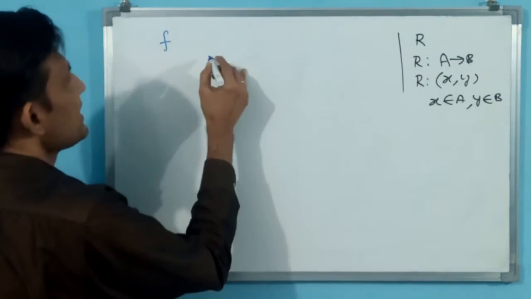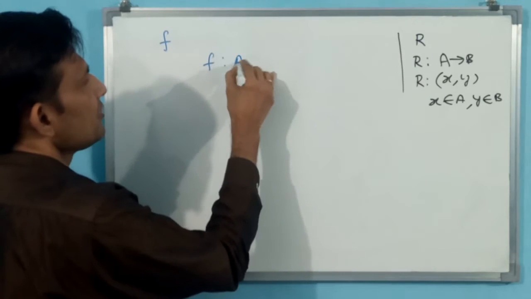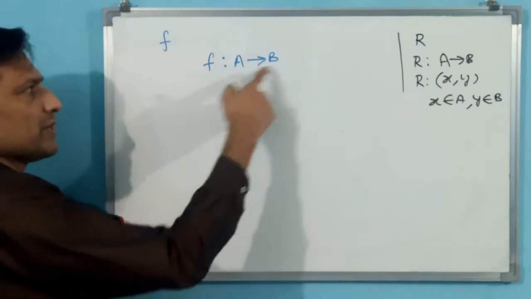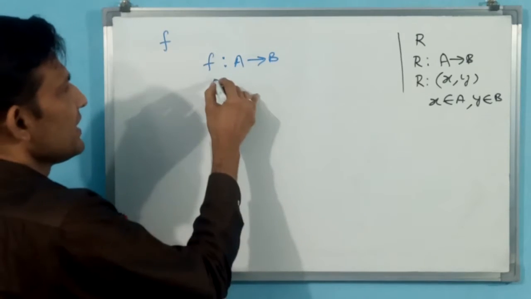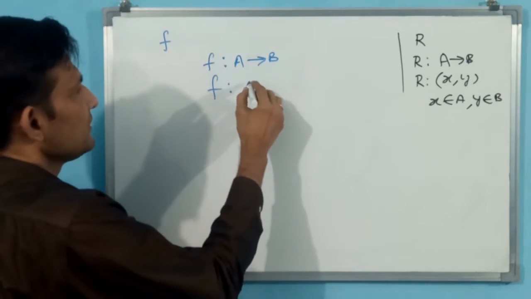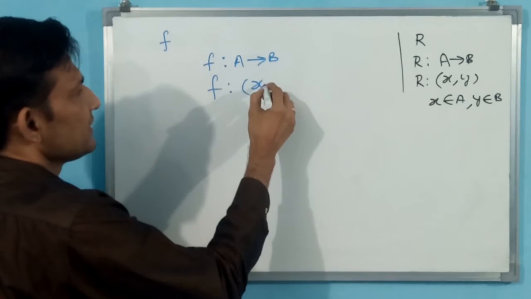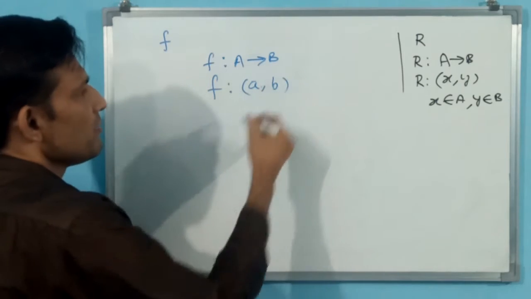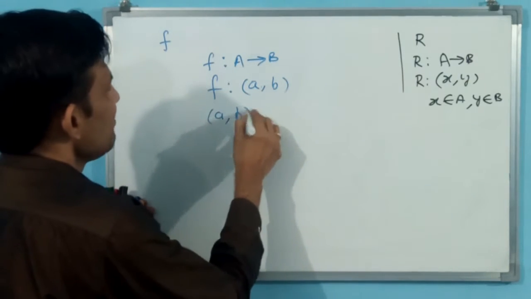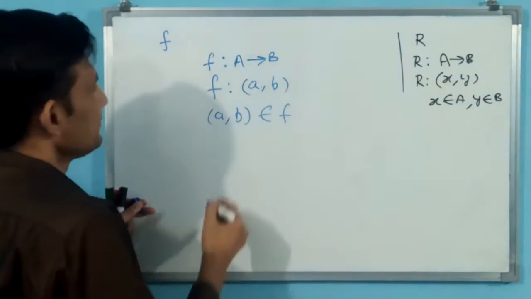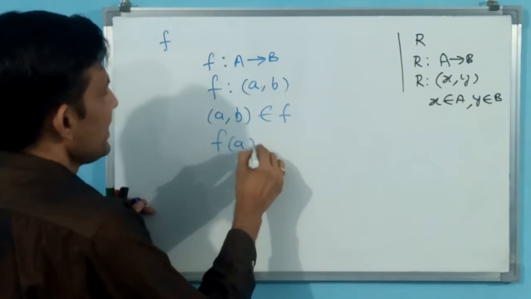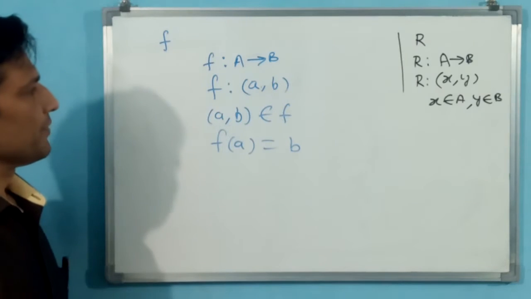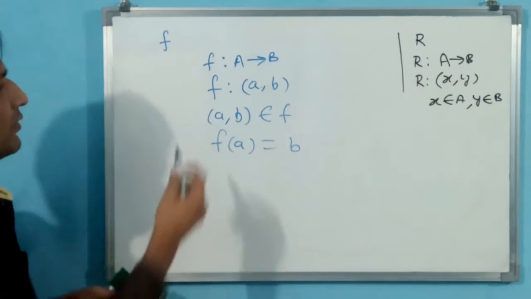And what else? A function we also represent like this: function from A to B, and also function from X to Y. A, B belongs to f and f of A is equal to B. This we also write.